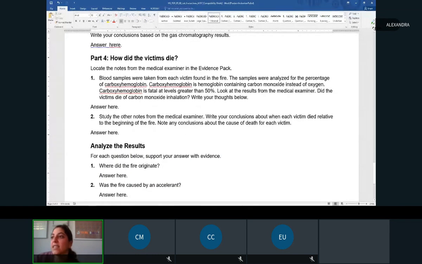Good. And then study the other notes from the medical examiner. Write your conclusions about when each victim died relative to the beginning of the fire. Note any conclusions about the cause of death for each victim. Looking at the rest of those notes, the burns in the mouth, the soot in their lungs, what do we think happened?